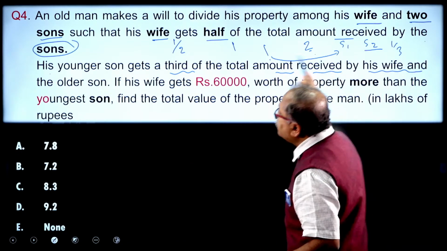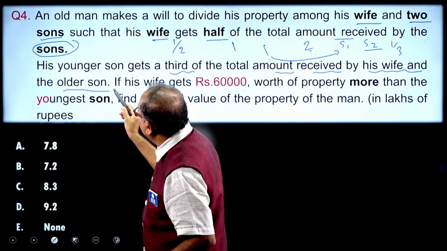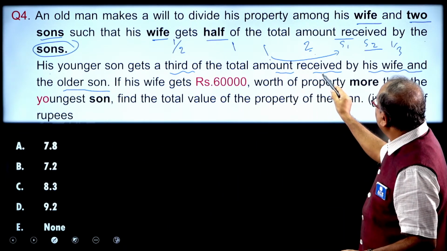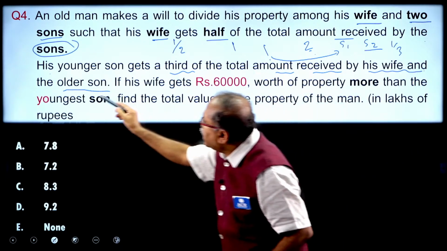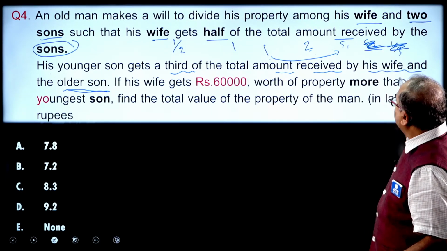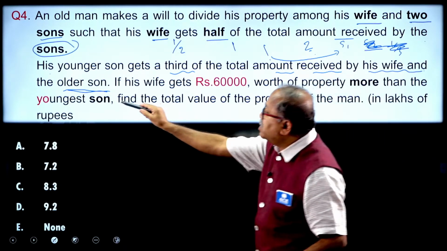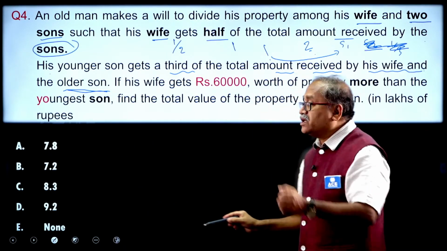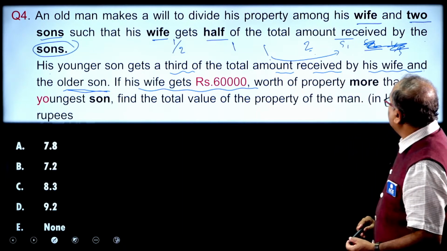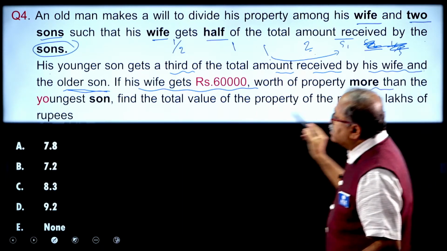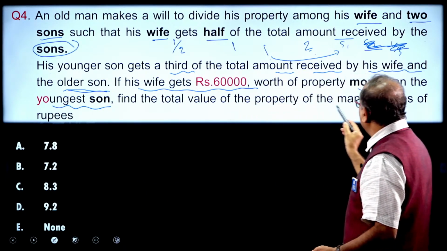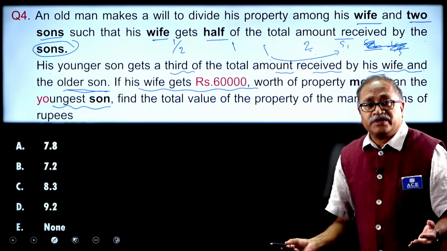And wife and the older son, his younger son gets 1/3 of the total amount received by his wife and older son. So, wife plus older son, 1/3 is the younger son. Now, his wife gets rupees 60,000 worth of property more than that of the youngest son. So, find the total value of the property the man has distributed.